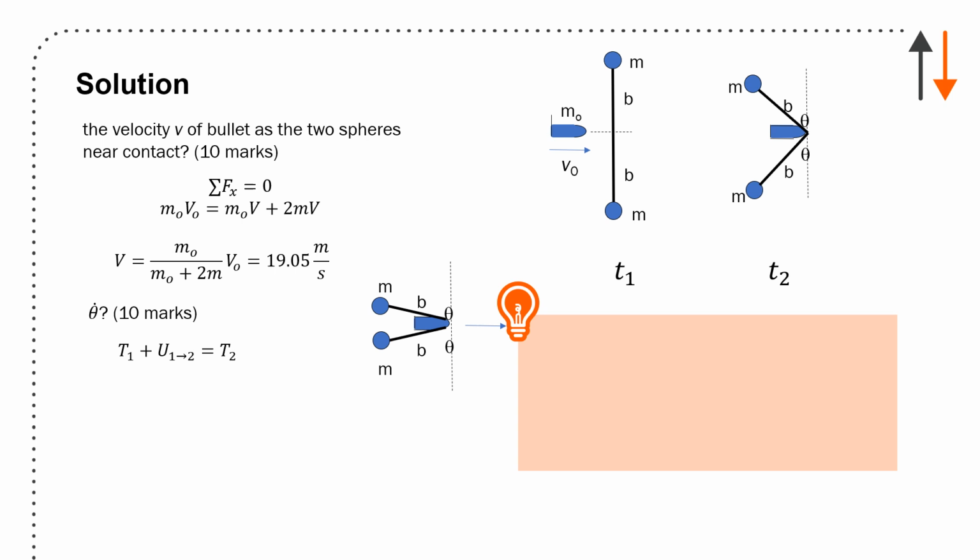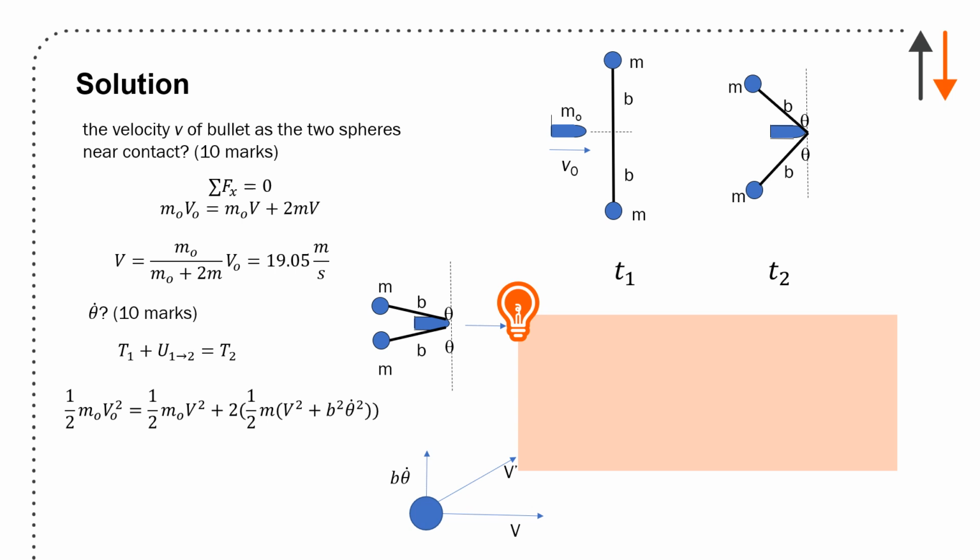The first question was force velocity time, short time. This is a distance. And you have to recognize that each of these spheres over here, this one and this one, are going to have a velocity in the direction left to right, but also a rotational component, which is defined by the half length of the cord, b theta dot. So the initial kinetic energy is all linear, 1/2 m0 v0 squared, plus 1/2 m0 v squared, which continues to be straight motion.